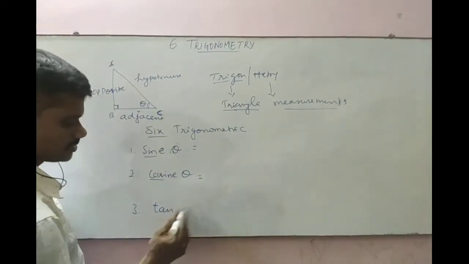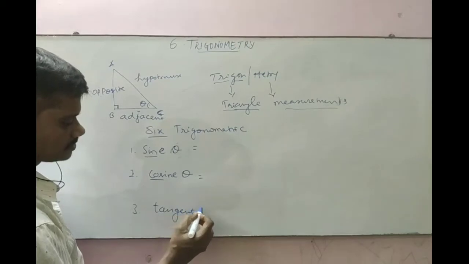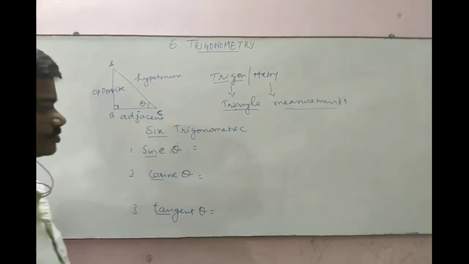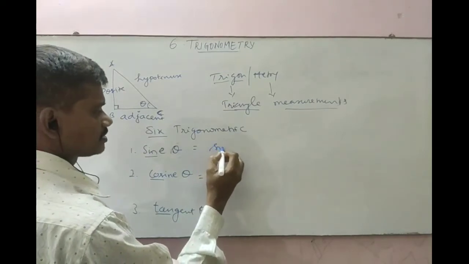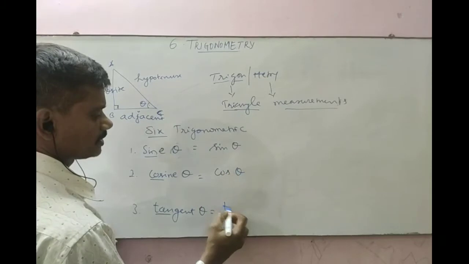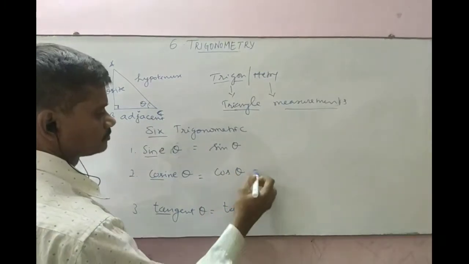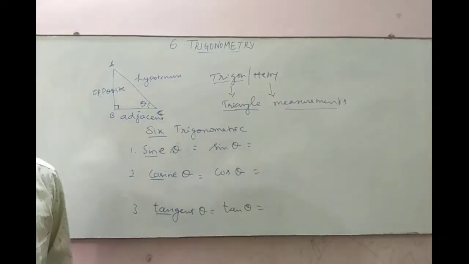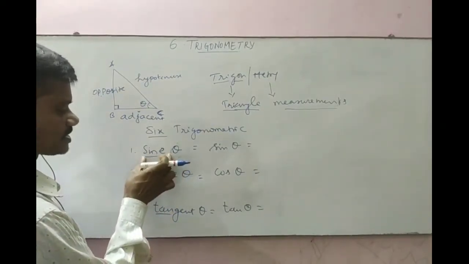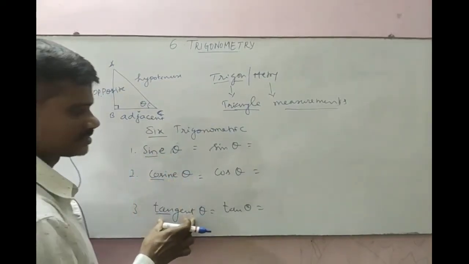For tan, this is called the tangent, and we use the letters tan. So you can write this as sin theta, cos theta, tan theta. In your book, they use like this only. But the full word is sin, cosine, tangent.